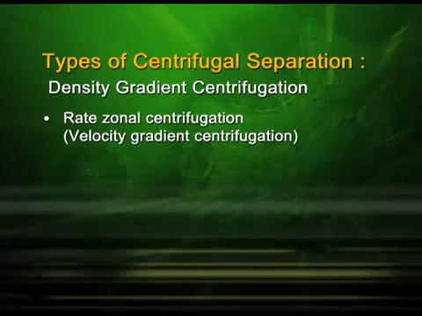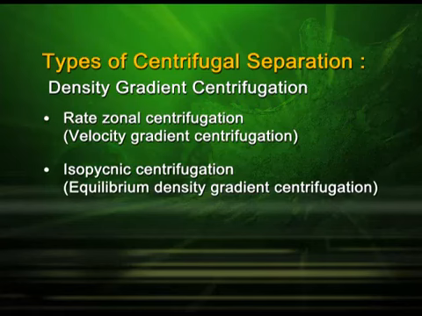The density gradient centrifugations are of two types. One is rate zonal centrifugation, and the second one is isopycnic centrifugation. Now, let us discuss rate zonal centrifugation, otherwise known as velocity gradient centrifugation. As you all know, it is a type of density gradient centrifugation, so a density gradient media will already be placed inside the centrifuge tube.